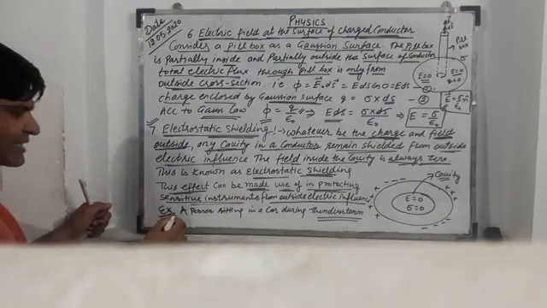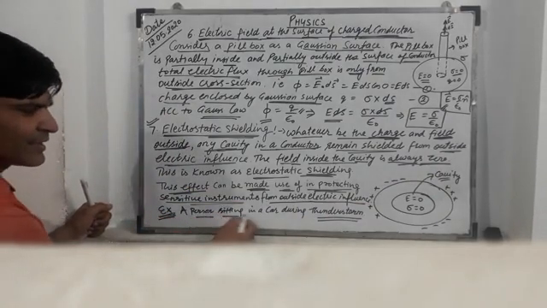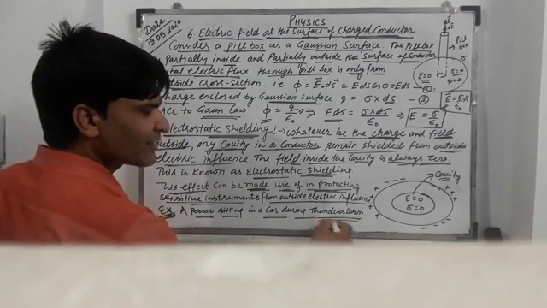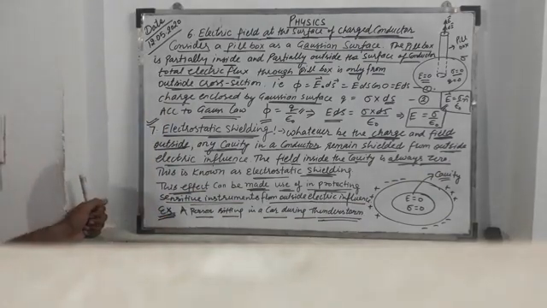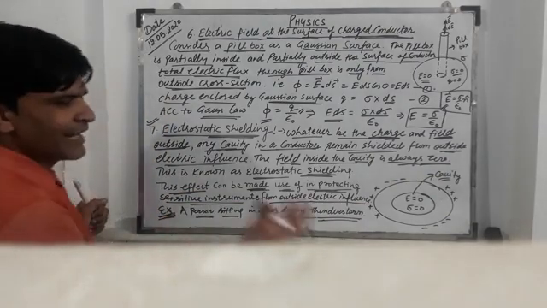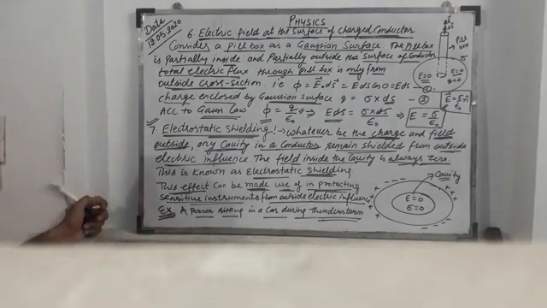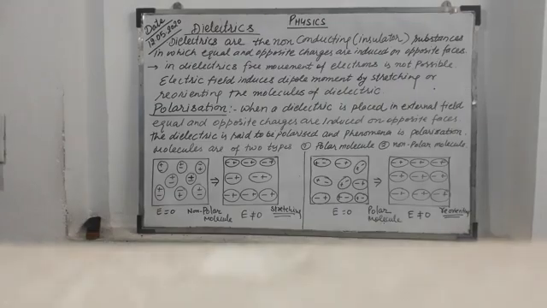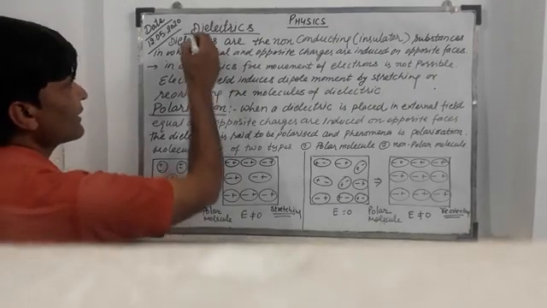For example, a person sitting in a car during a thunderstorm is safe as compared to standing in open space.